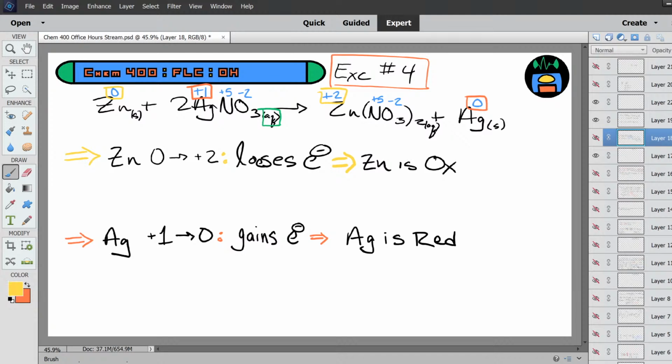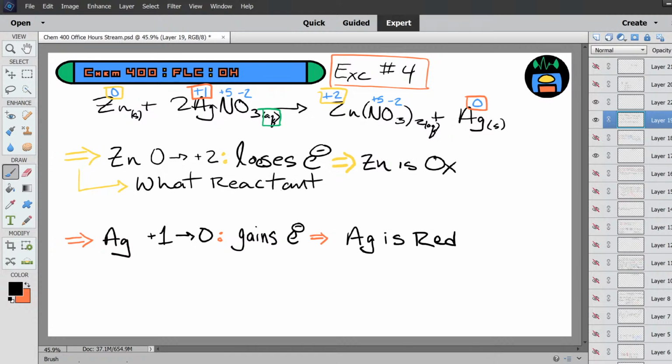Let's focus in on zinc for a moment, and ask what reactant caused the oxidation?